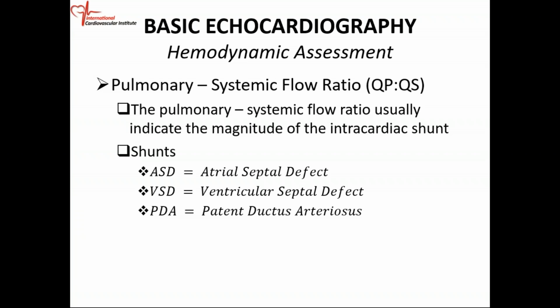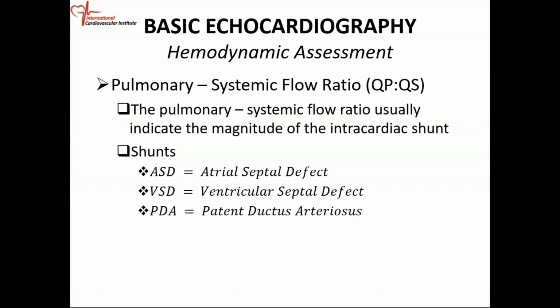So when we do shunt flow, all we do is get the stroke volume across the right ventricular flow tract and divide it by the stroke volume across the left ventricular flow tract. That ratio is the shunt flow, okay? The pulmonary to systemic flow ratio, sometimes written as Qp/Qs.